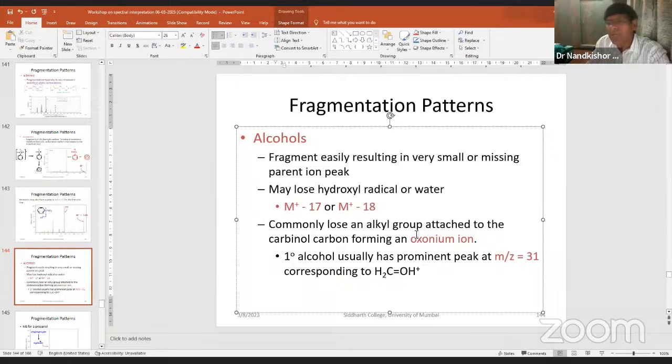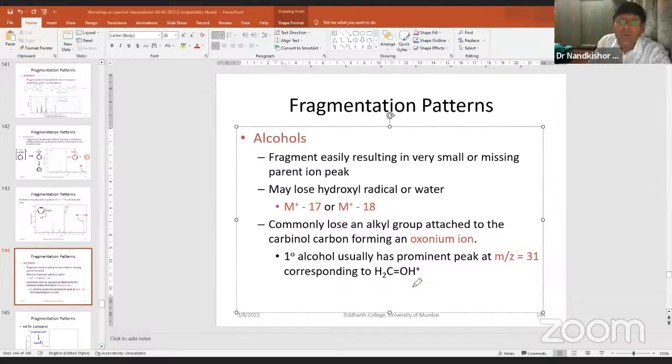In the case of most alcohols, the oxonium ion, what is oxonium? That is what we call CH2 double bond OH plus. So this oxonium ion is considered to be the most stable fragment in alcohols. Whenever there is an alcohol, it undergoes fragmentation, and you will get 31 as a prominent peak, sometimes a base peak, and you must understand there is an oxonium ion present.